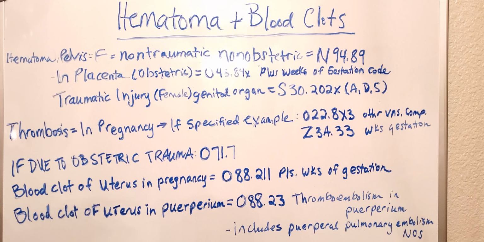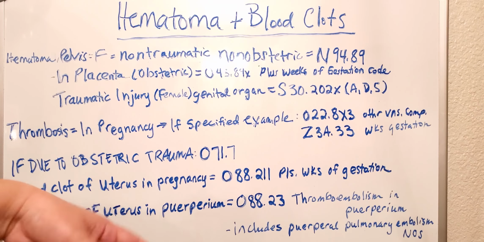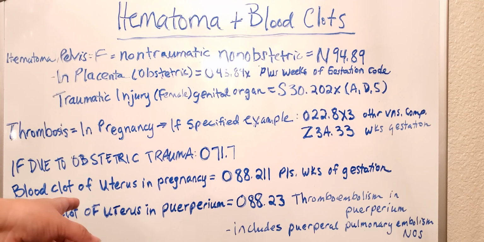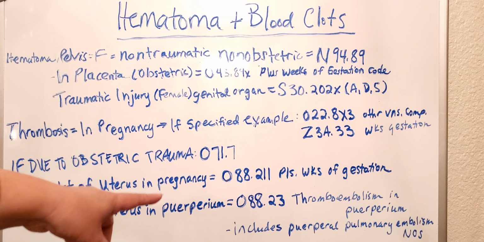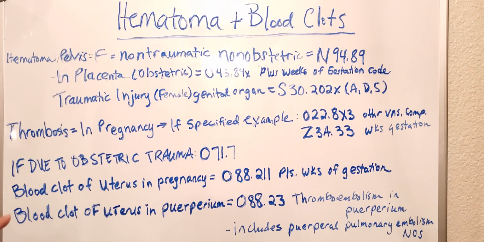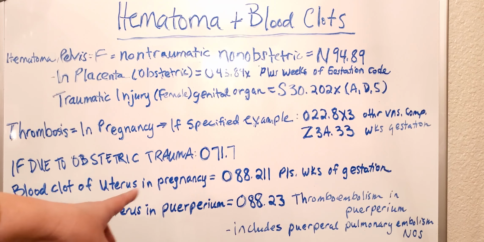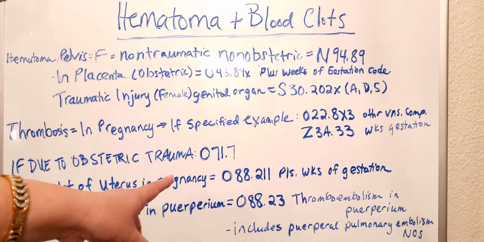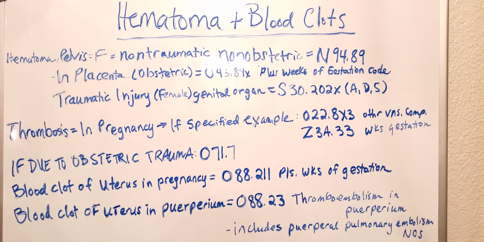So obviously there's not going to be any weeks of gestation when the patient is no longer pregnant. In the puerperium, you're not going to have a weeks of gestation code, because that's going to be after, okay? So if there's a blood clot in the uterus in the puerperium period, it's going to be that O88.23, okay?